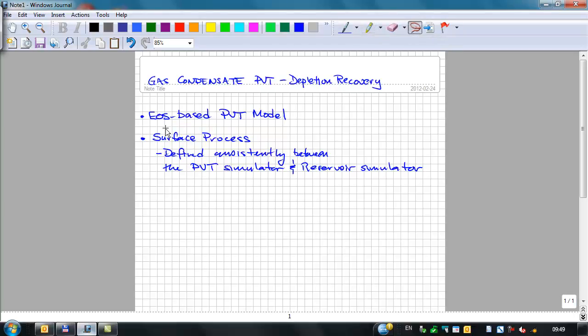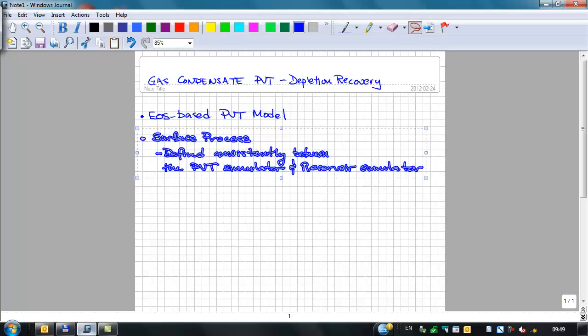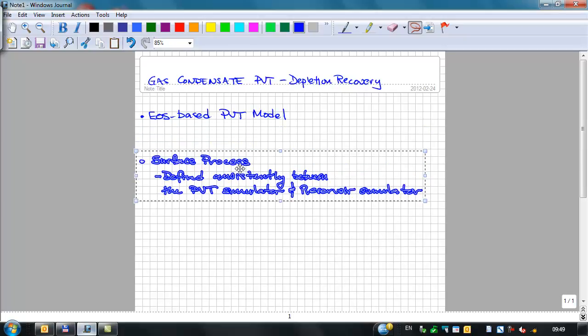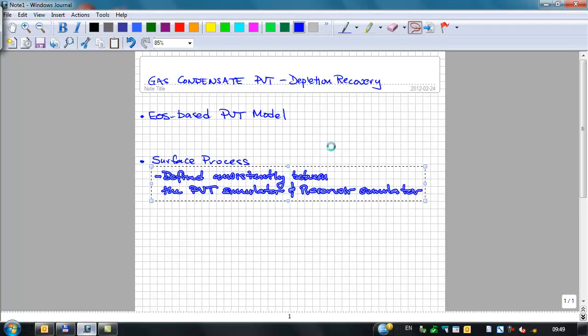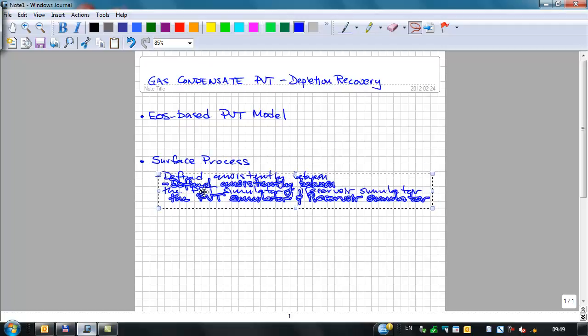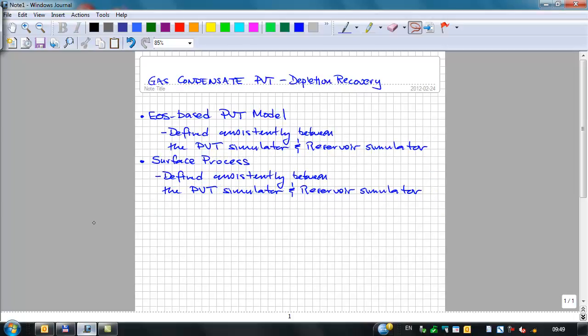In other words, we need to have the EOS-based PVT model defined consistently between the PVT simulator and the reservoir simulator.